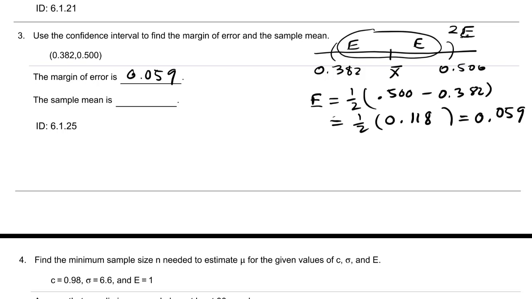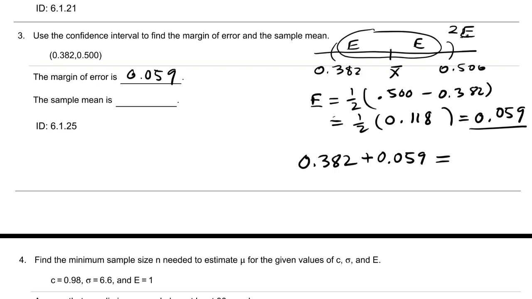And then if we wanted the sample mean, well, we know we could start at the 0.382 left end of our confidence interval. If you added e to it, that should bring you to x bar.